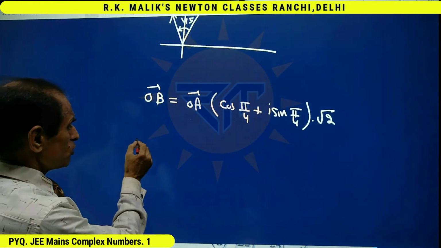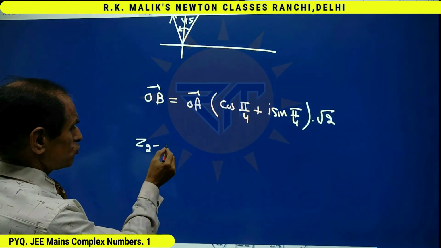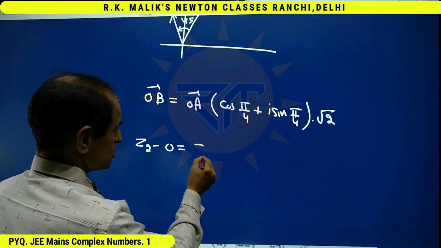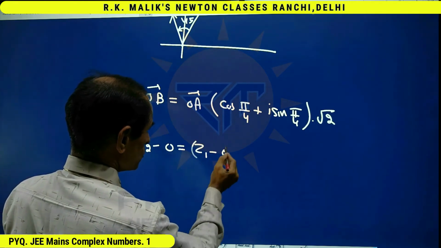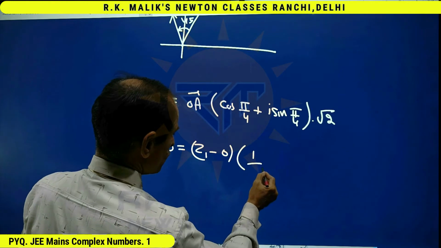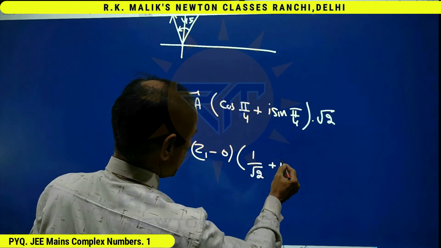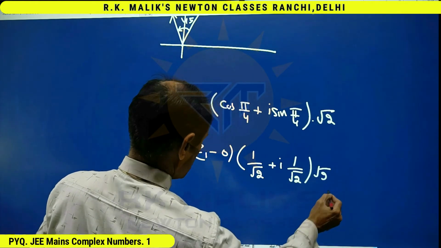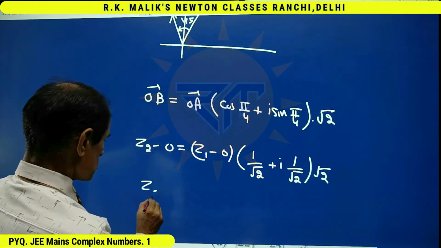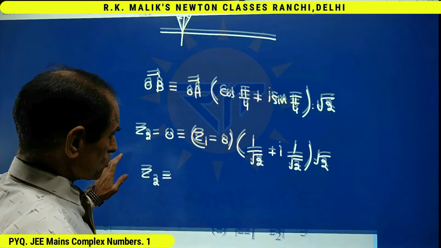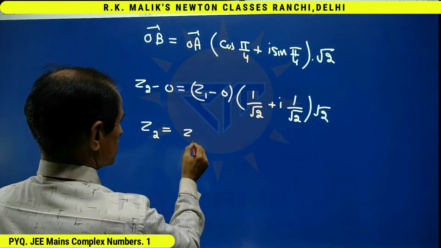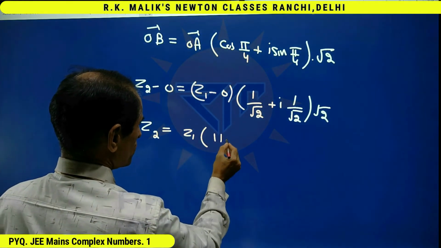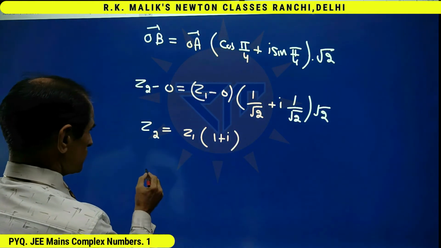And now Z2 minus 0 is equal to Z1 minus 0 into 1 by root 2 plus i into 1 by root 2, into root 2. Z2 equal to Z1 into 1 plus i.